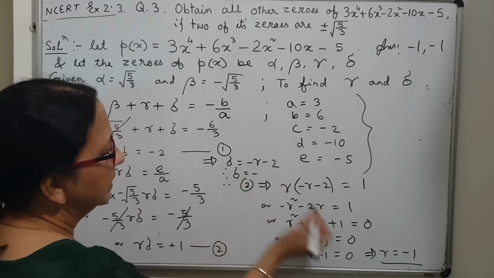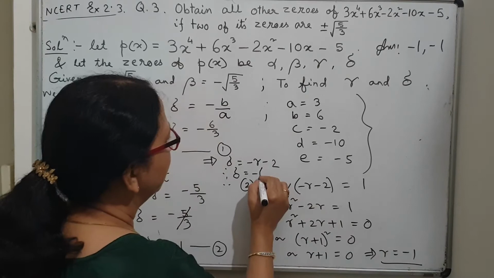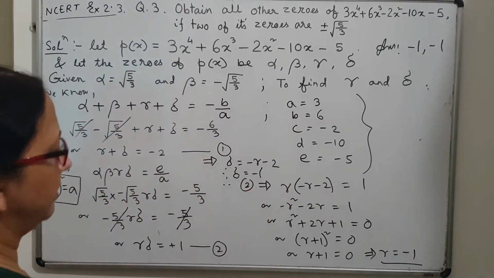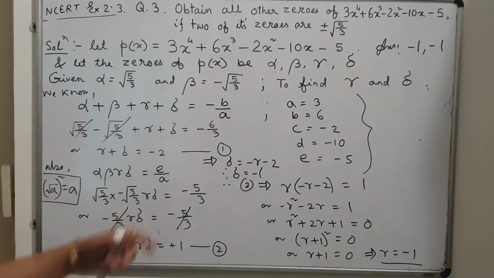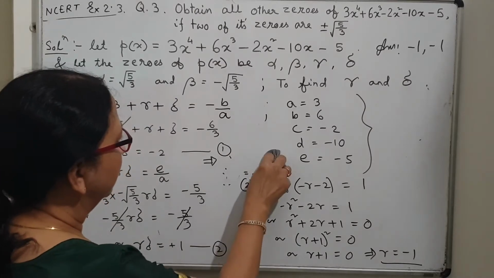And put this value of gamma here, therefore delta is equal to minus gamma minus 2. Or I can use this one, simple, this will be better.